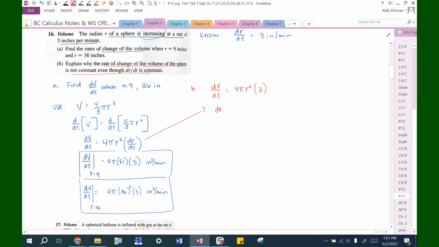So dV/dt is the dependent variable, dependent on the variable r. So not constant. It's not a constant function. It's a quadratic function, in fact, for this one.